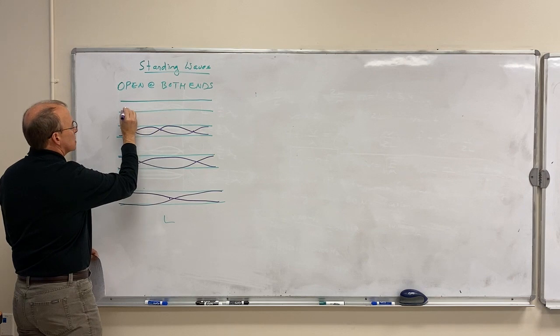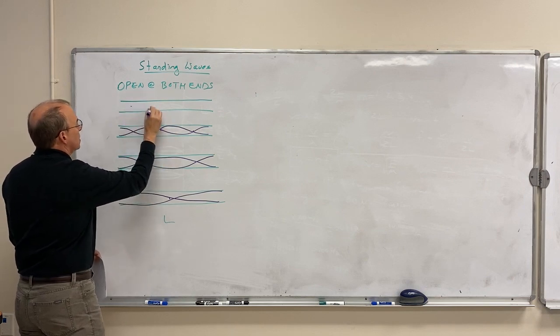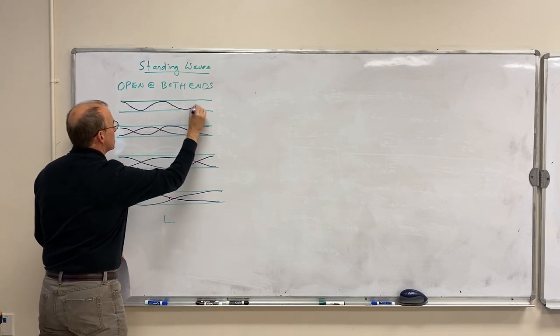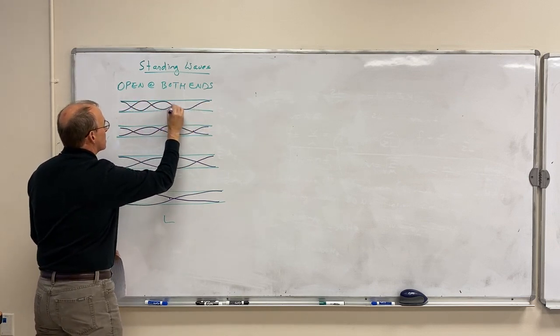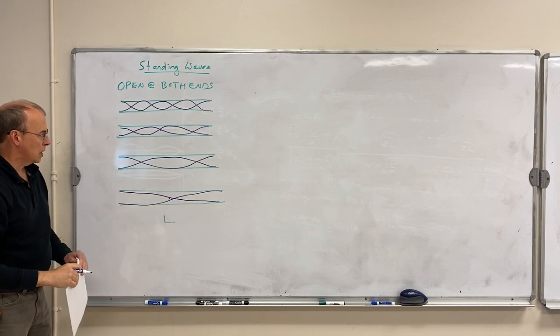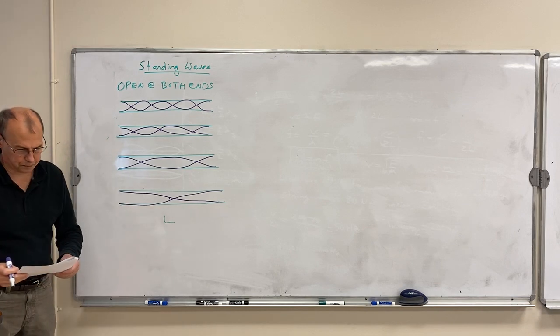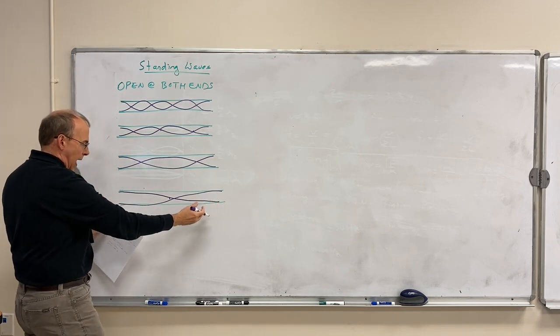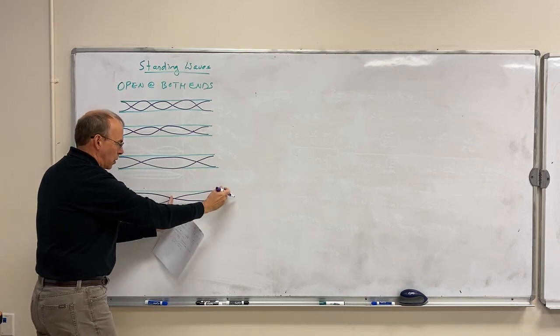And then, let's see, I've got 1, 2, 3. 1, 2, 3, 4. Next one looks like this. Etc. So now what have we got? Notice this is, again, half of a wavelength. This is a quarter of a wavelength.